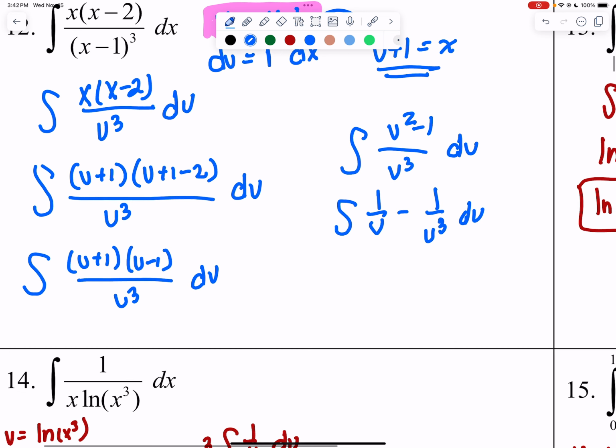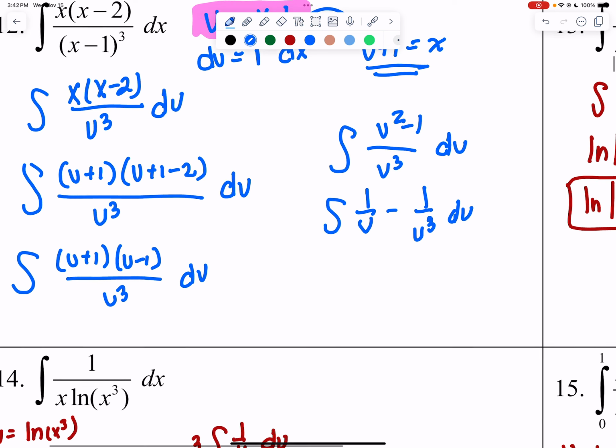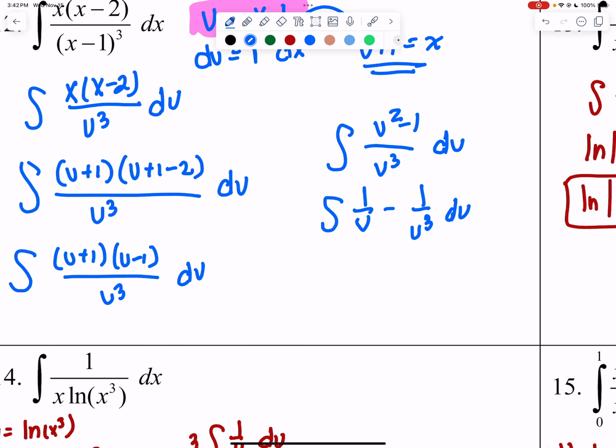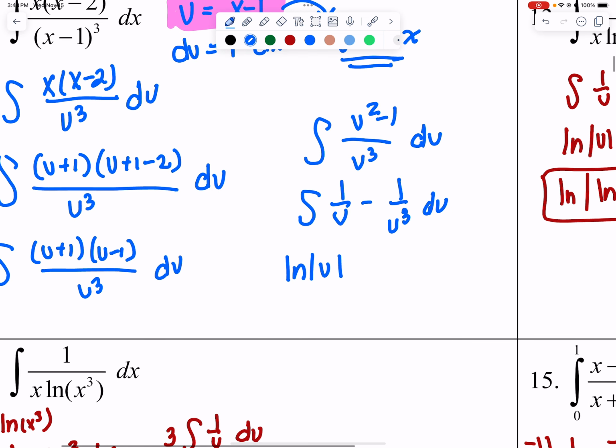And then at this point, just take the antiderivative of 1 over u and take the antiderivative of 1 over u cubed. And that's going to give us the absolute value of ln of u. And then that's going to give us, let's see. This is going to be u to the negative 3, so we're going to up our power. So that's going to be u to the negative 2.